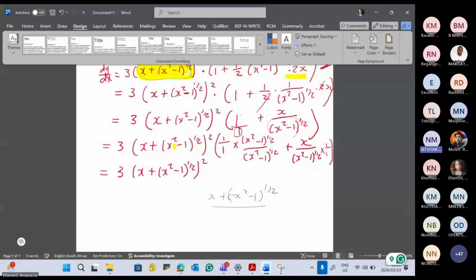So now give me the derivative of this. In this case, the derivative here is going to be 1 plus 1/2 into (x squared minus 1), bracket, minus 1/2. And then you are going to have the derivative of the inner function in this function, which is x squared minus 1.